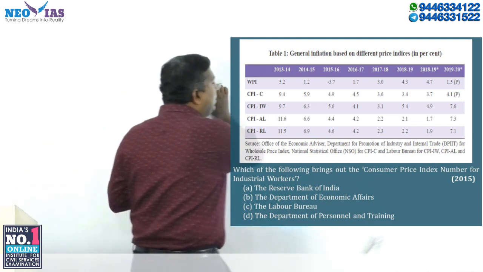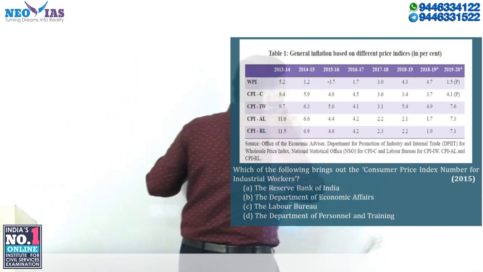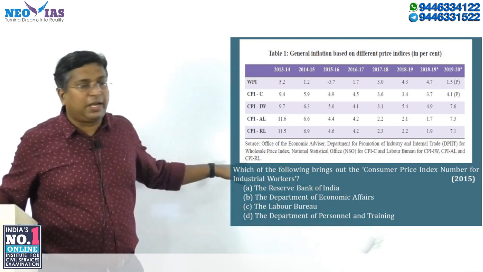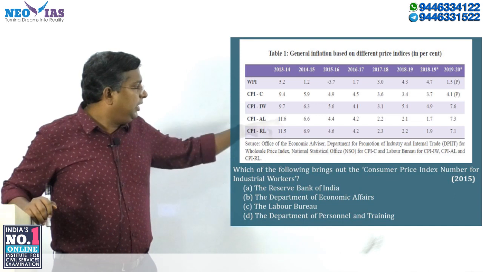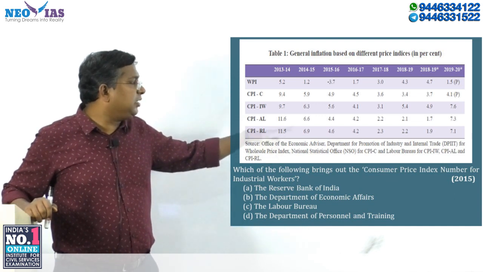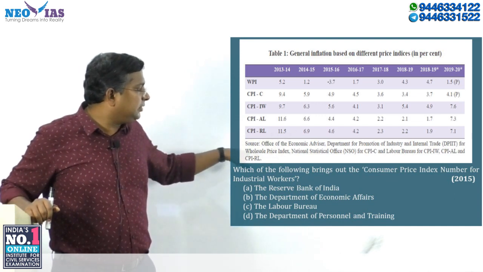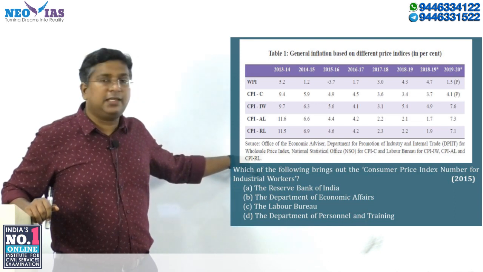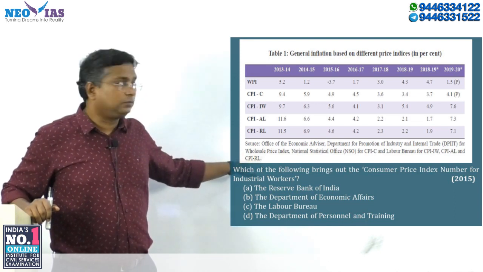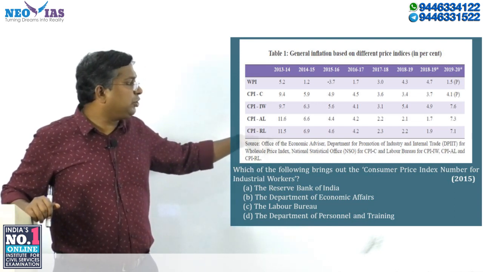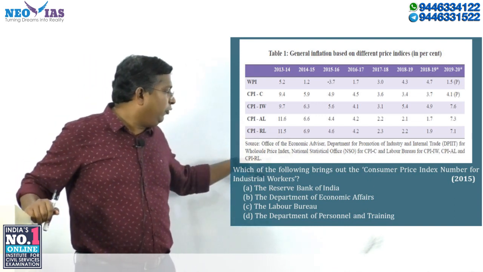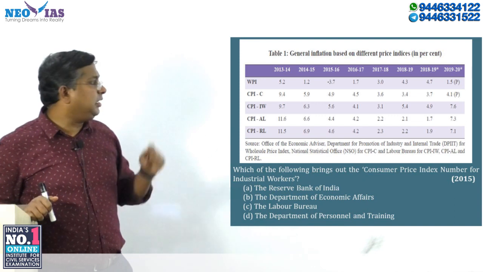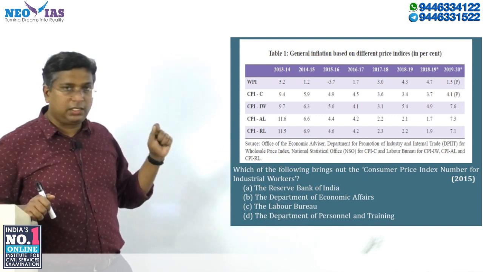For example, in the case of wholesale price index, there is an Office of the Economic Advisor in the Department for Promotion of Industry and Internal Trade. So wholesale price index is released by the Department for Promotion of Industry and Internal Trade.